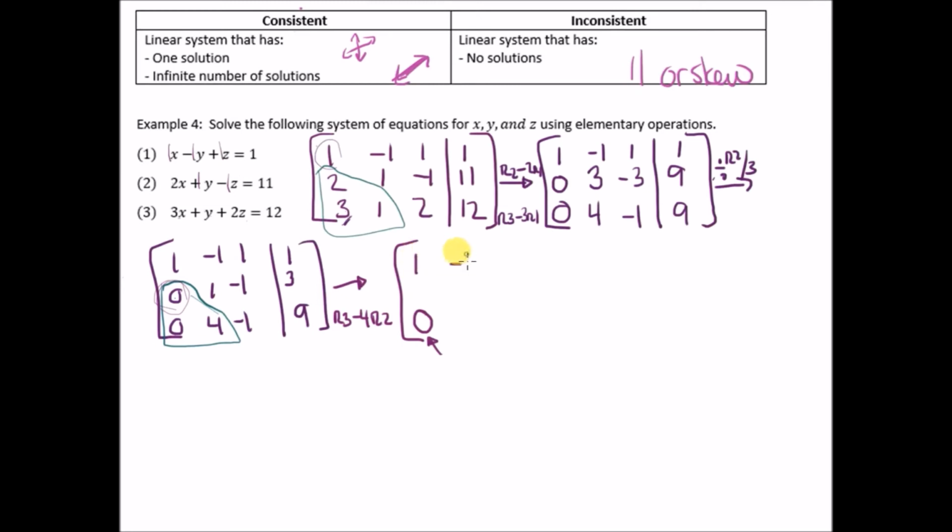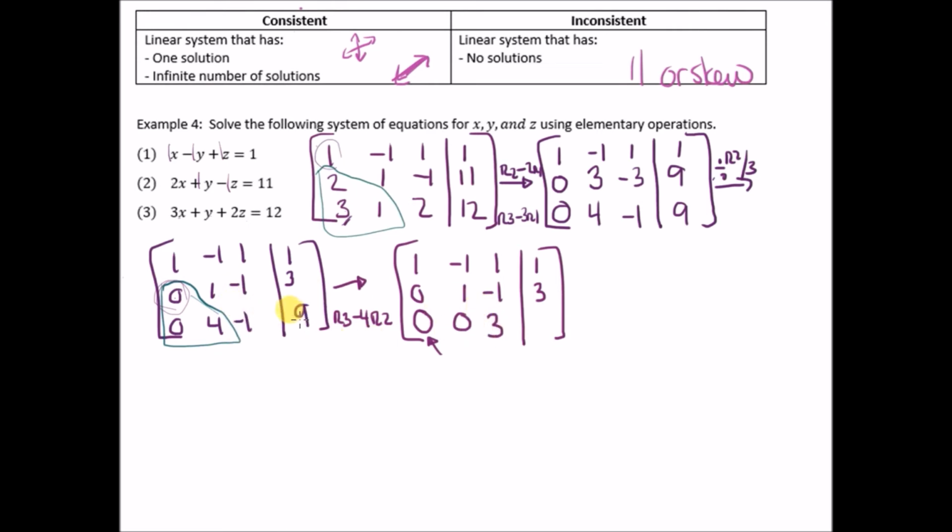Okay, so I'm going to just rewrite equations 1 and 2, rows 1 and 2, I should say. And then we're going to deal with row 3. Minus 4, I get 0. Okay, and that's the whole point. And then I get -1 minus -4. So that's -1 plus 4, I get 3.